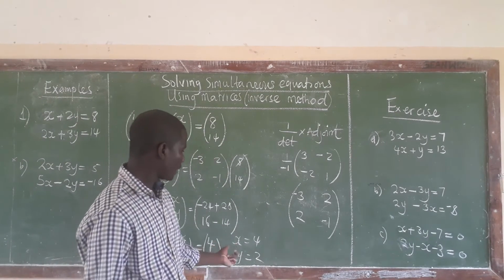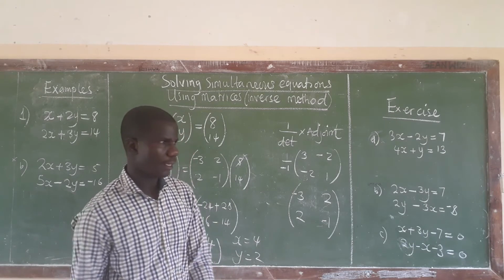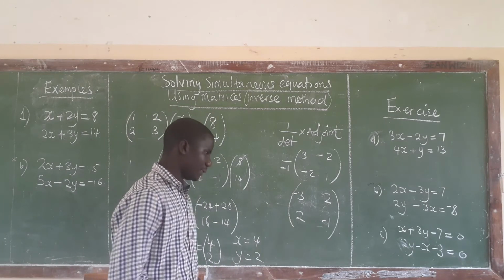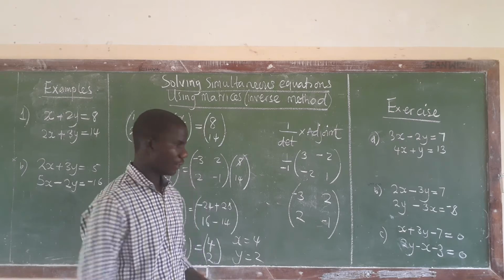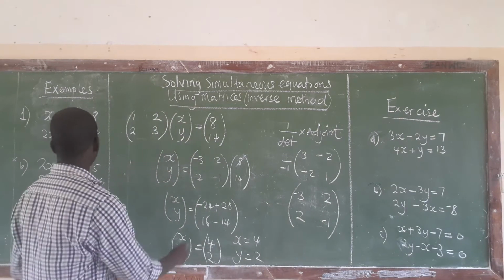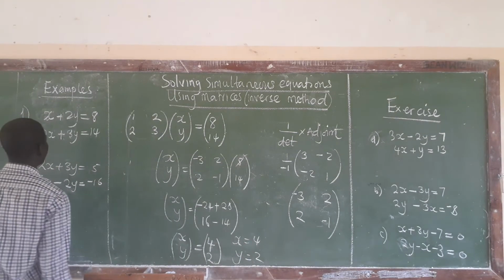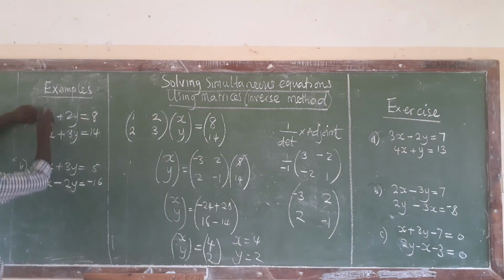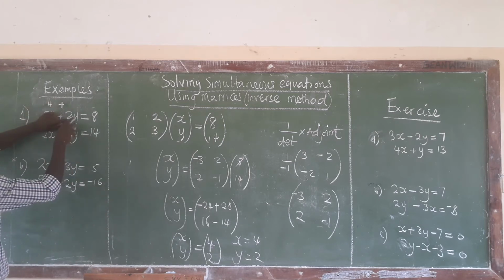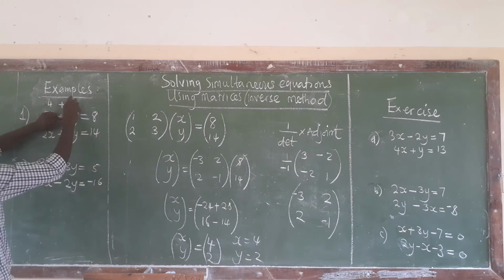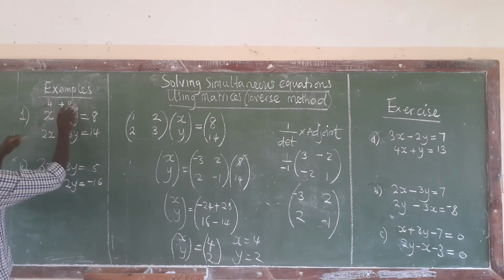Now, for simultaneous equations or most questions in mathematics, there are things that you can prove. So let's try and see. We test these coordinates. Our x is 4 and our y is 2. When you put your 4 here, plus, our y is 2, you put your 2 here. 2 multiplied by 2 you get 4, and it's going to add to 8.